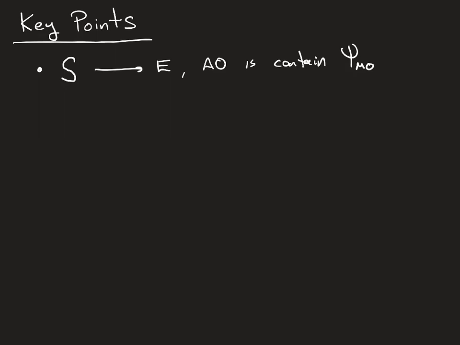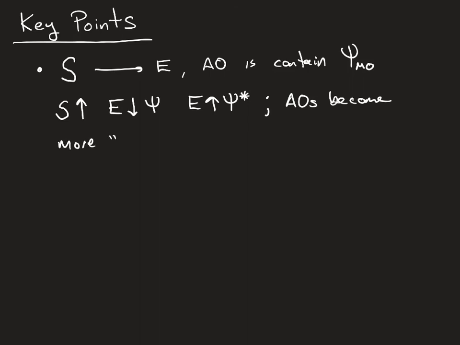So as S goes up, your energies become more stabilized for your bonding. The energy goes more destabilized for the antibonding orbital. And also, the atomic orbitals become more evenly distributed in the molecular orbital, so the atomic orbitals become more represented in the molecular orbital.